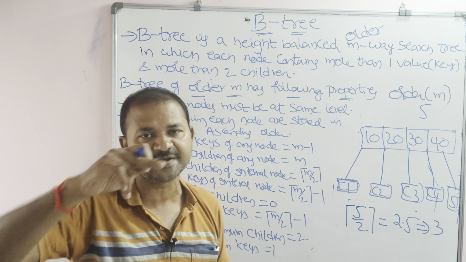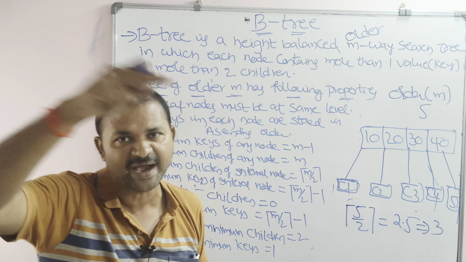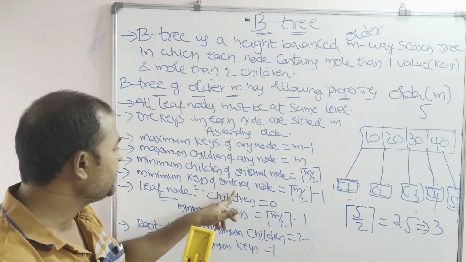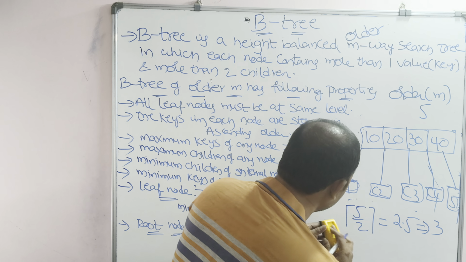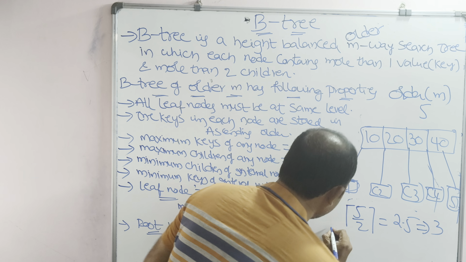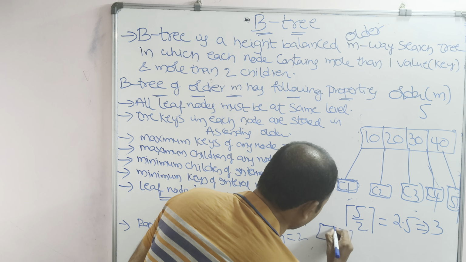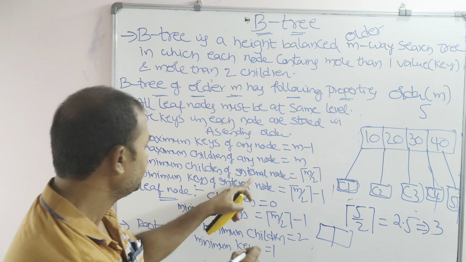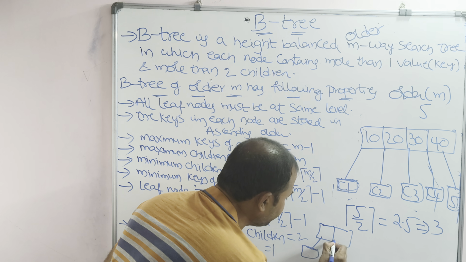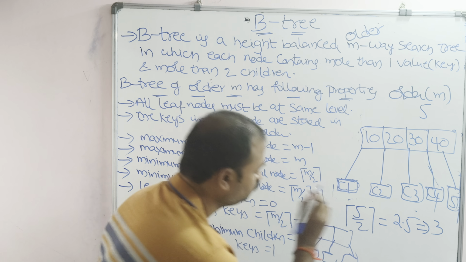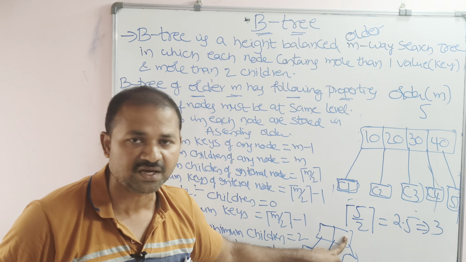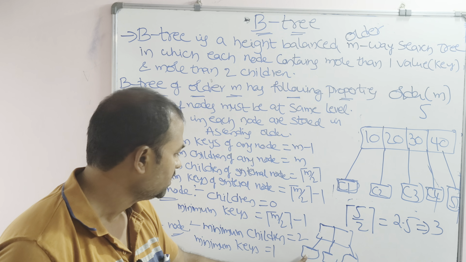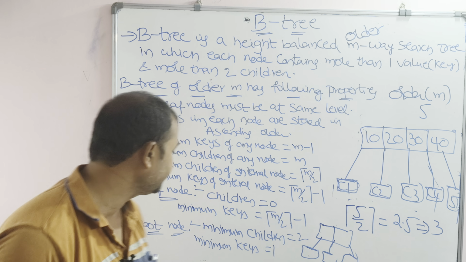So 3 minus 1 means 2. So the minimum keys of an internal node are 2, whereas the children are 3. If we take this example, here the minimum keys are 2, whereas the minimum children are 3.